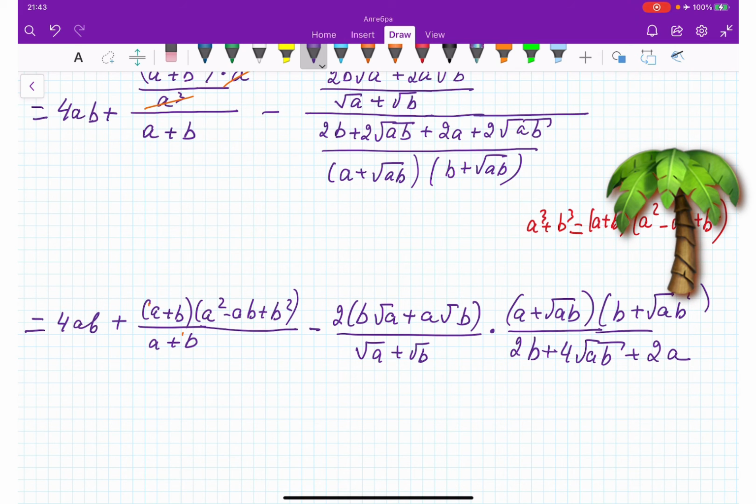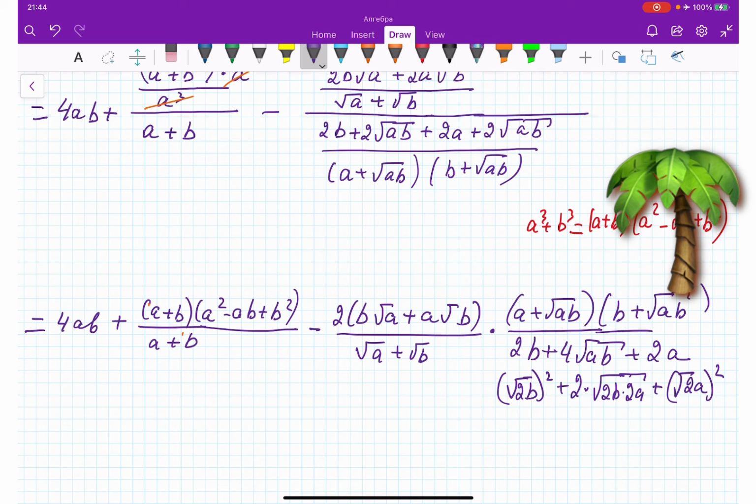Look what is interesting I found here. 2b plus 4 square root ab plus 2a. 2b I can represent as square root 2b to power 2 plus 2 times square root 2a squared, and now times 2 times 2b times 2a.